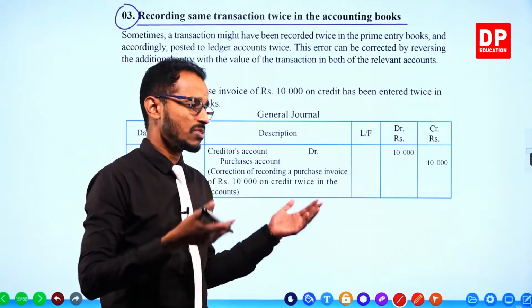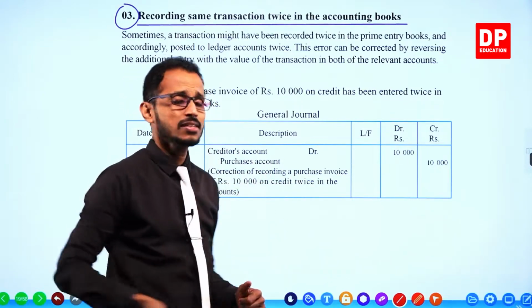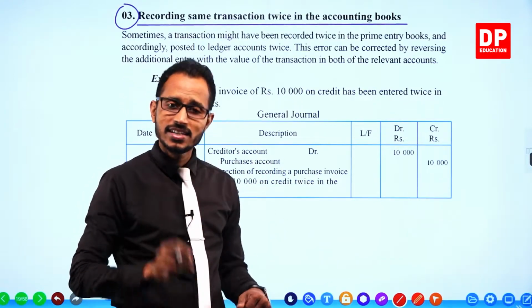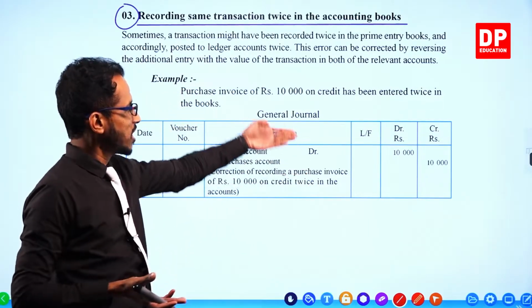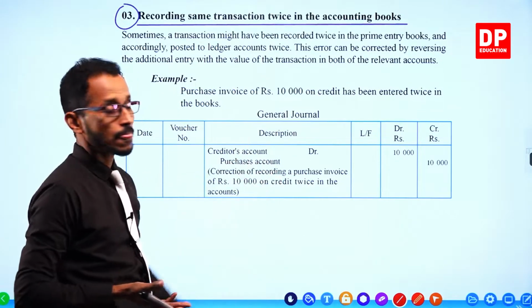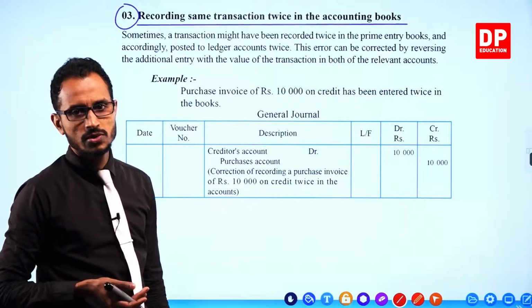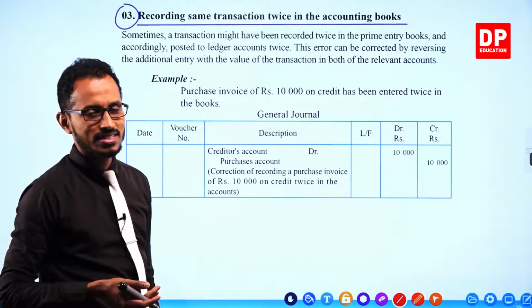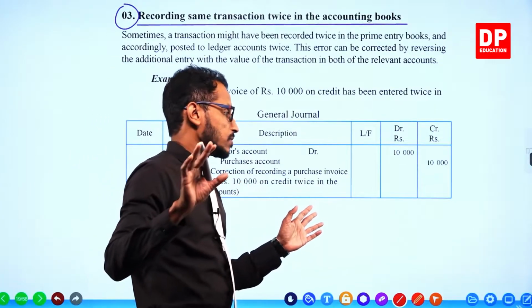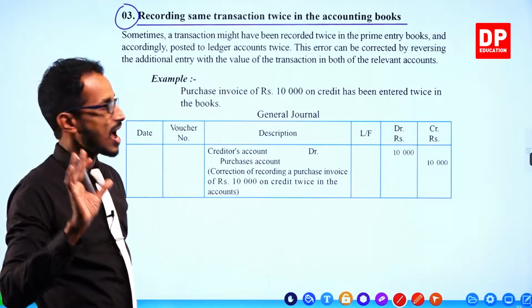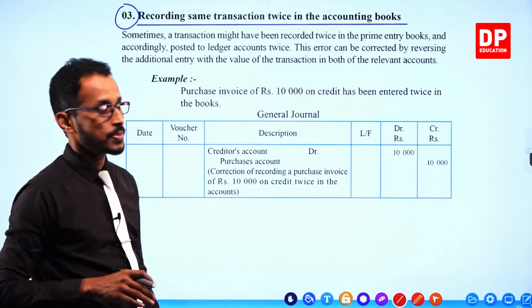Rectifying double entry means how to correct these errors. You need to put a double entry in the general journal. That's all you have to do. These are not so complex, hard and fast things.